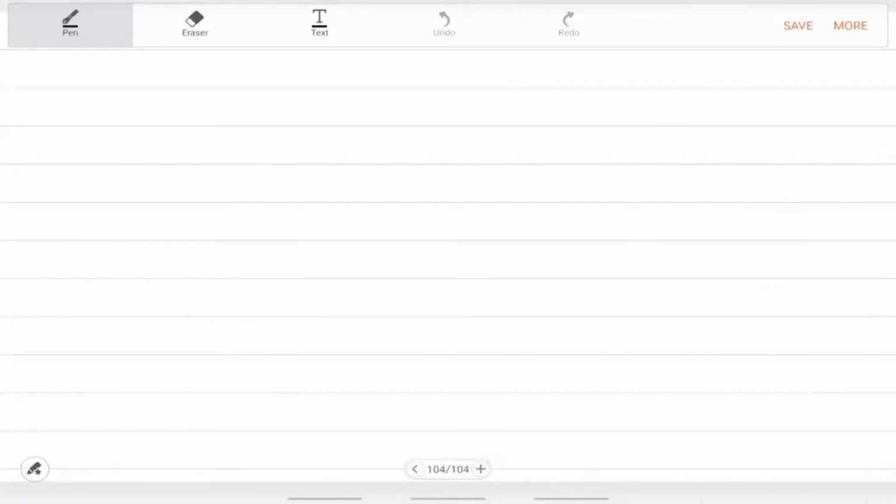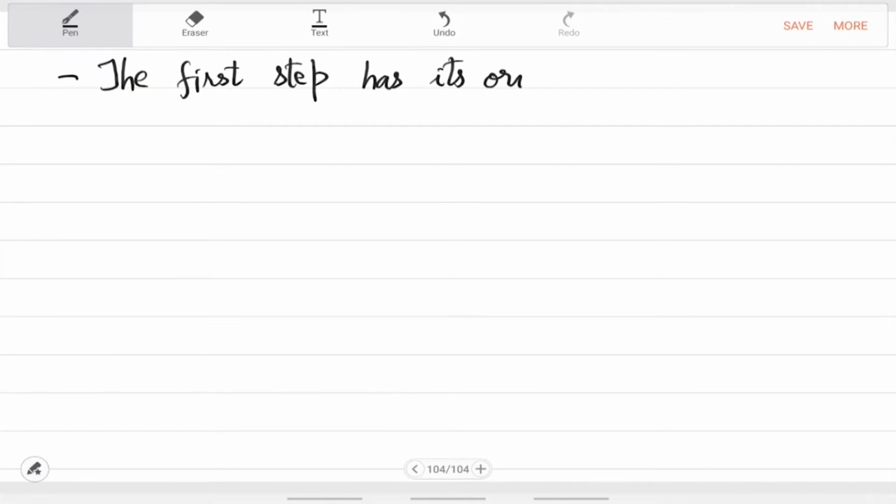Okay. So the first step is an independently interesting theorem in algebra with a big name. So the first step has its origins in what is called Hilbert's irreducibility theorem.